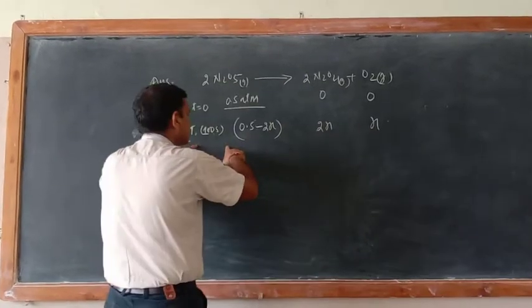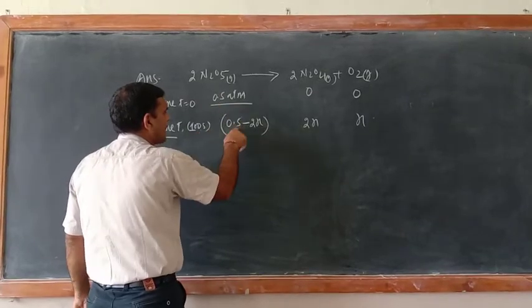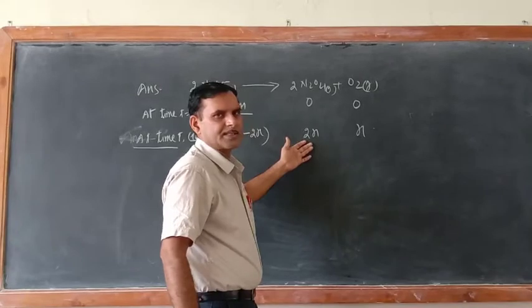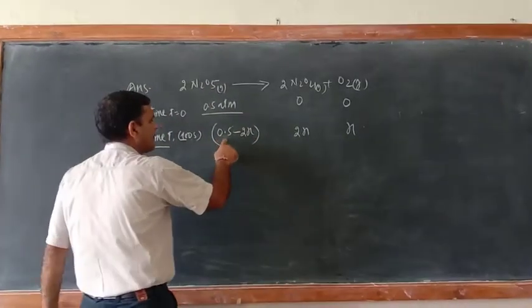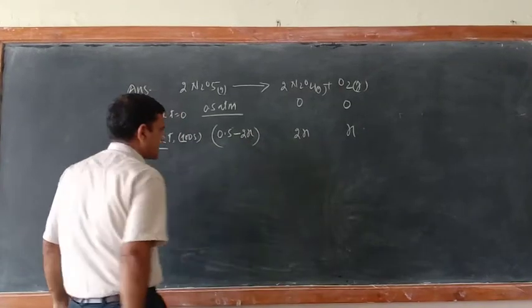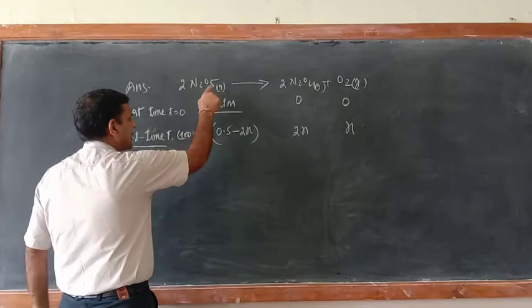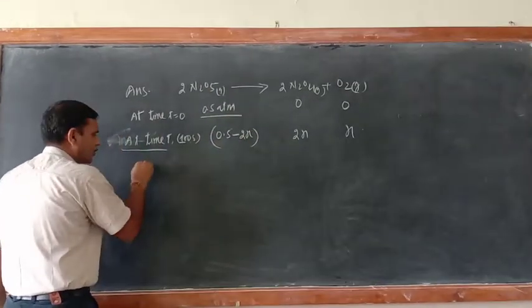So what is the concentration of 2N2O5 at time t? So 0.5 minus 2x. Already I told you why I am taking 2x. In 11th class only I have explained you, no need to explain this one. So at time t the concentration of 2N2O5 will be 0.5 minus 2x. What about total pressure?